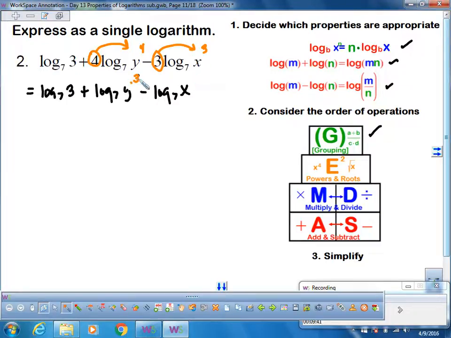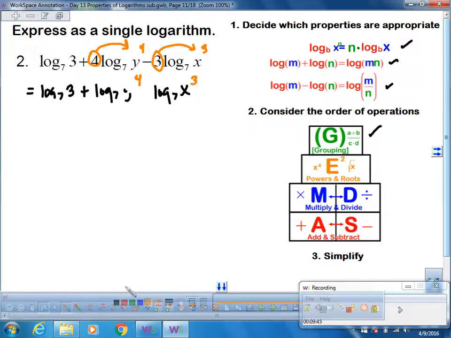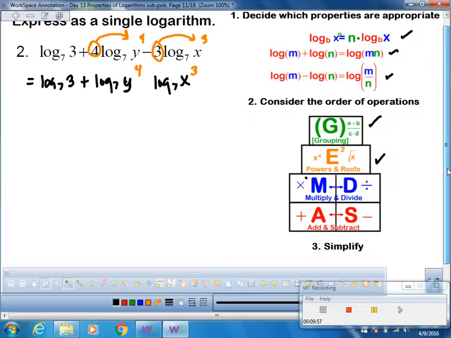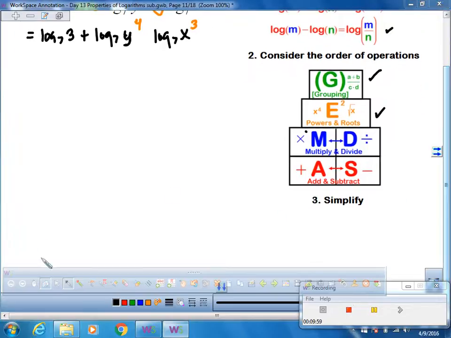Oops, that should be 4. I'm just messing it all up. There, better. Alrighty. So our exponents are done. Let's keep going.